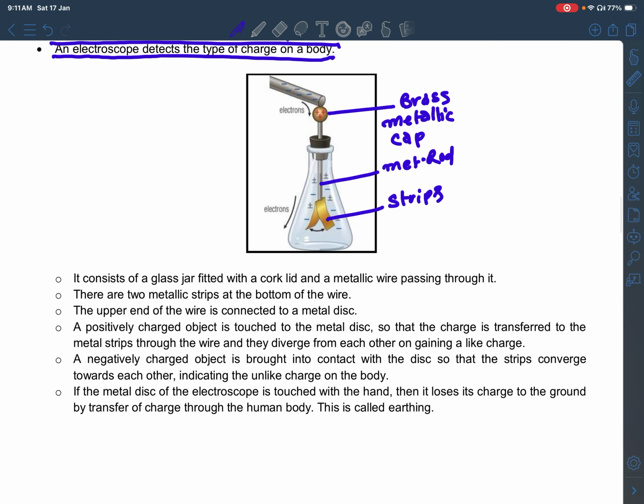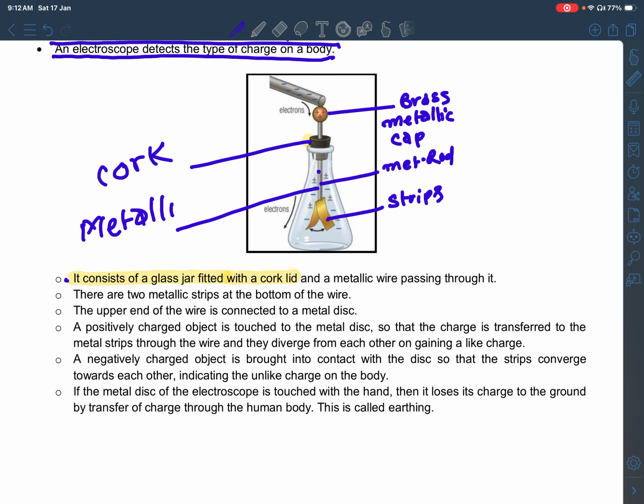So here you can see that this consists of a glass jar fitted with the cork, and a metallic wire passing through it.